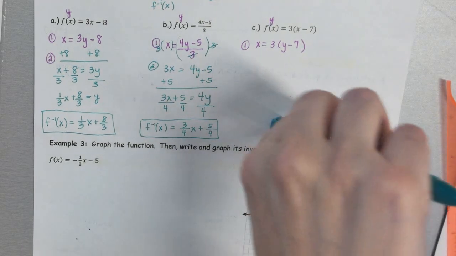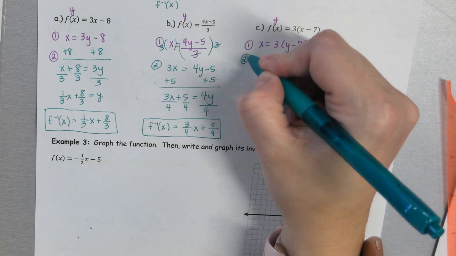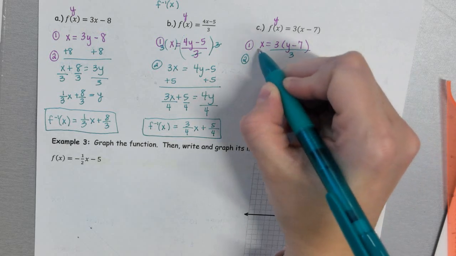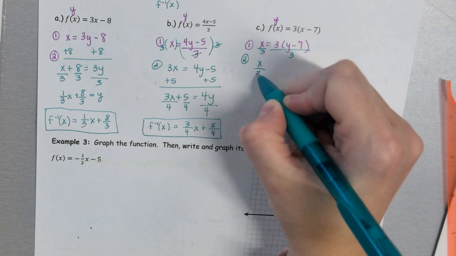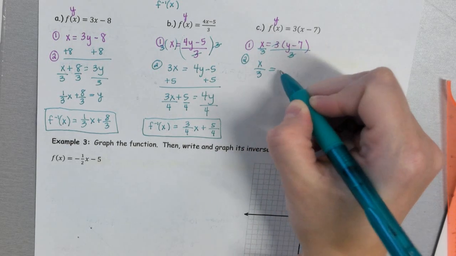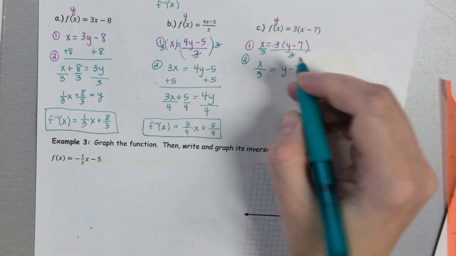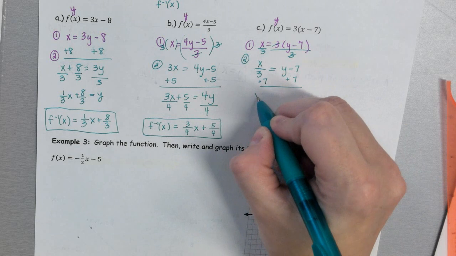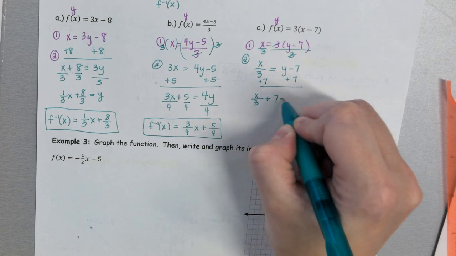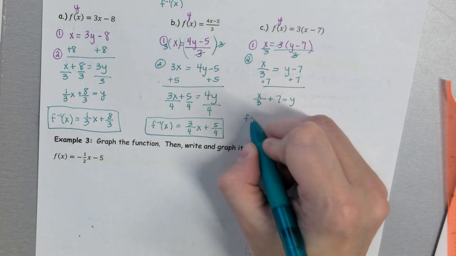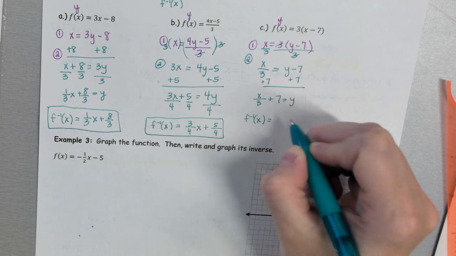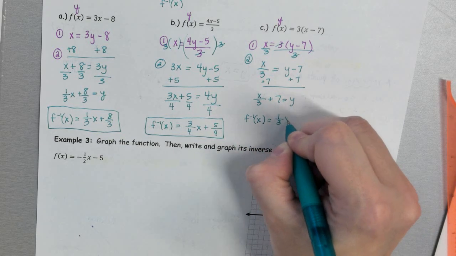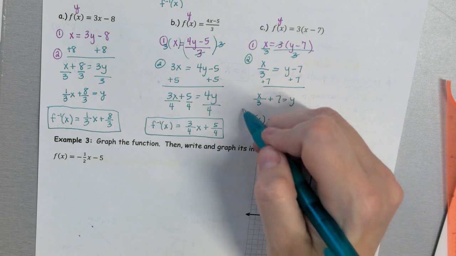If you do that, then you could just have x over 3 equals y minus 7. Add 7 to both sides. X over 3 plus 7 equals y. And then again, inverse notation would be 1/3 x plus 7.